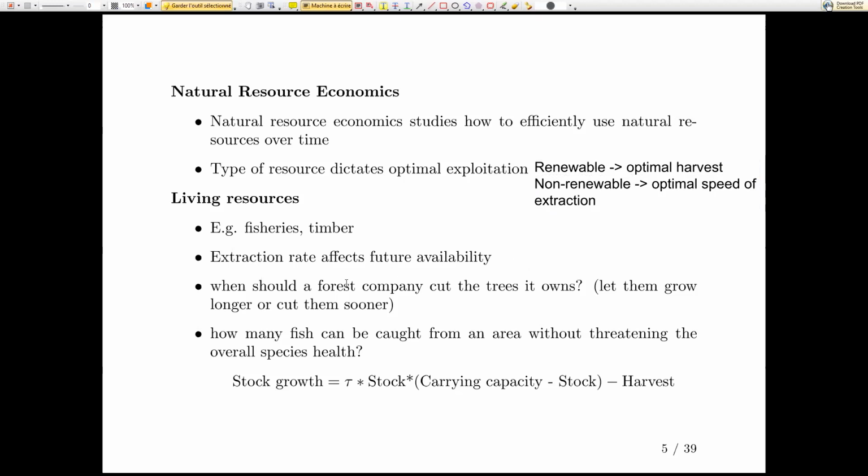So extraction rate affects future availability. If I let a forest grow longer, then I get more trees to harvest. So what's the optimal time to harvest them? That's the question if you have renewable resources.